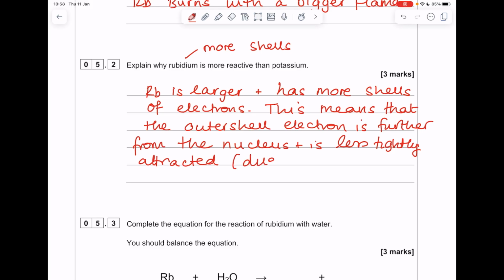Because there's more shielding. So the electron is more easily lost in rubidium.